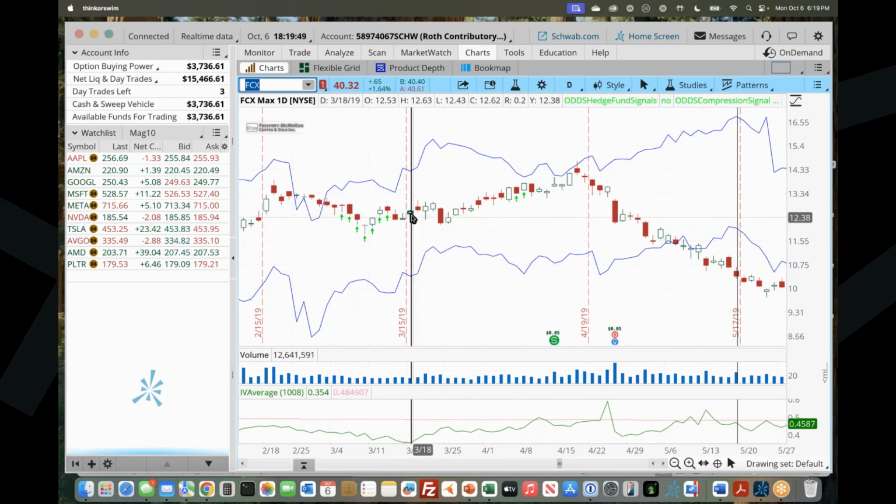I'm trying to let our profits run. So this time I got in on the 18th of March, and the stock did move up. And the funny thing is, it didn't cross this line and get out. So I didn't take any profits on the call side, but I did hang on to it all the way down here, and we ended up making a nice profit to the downside.